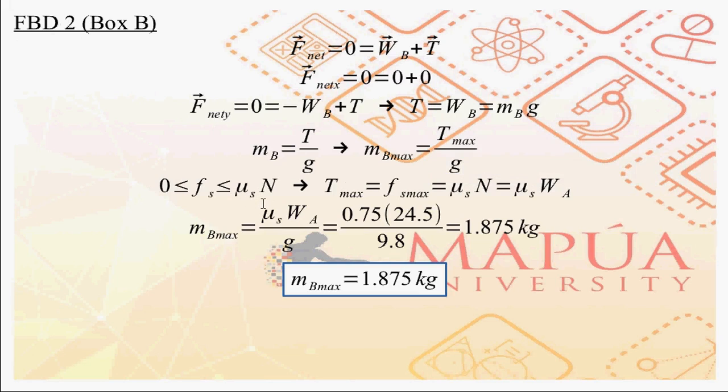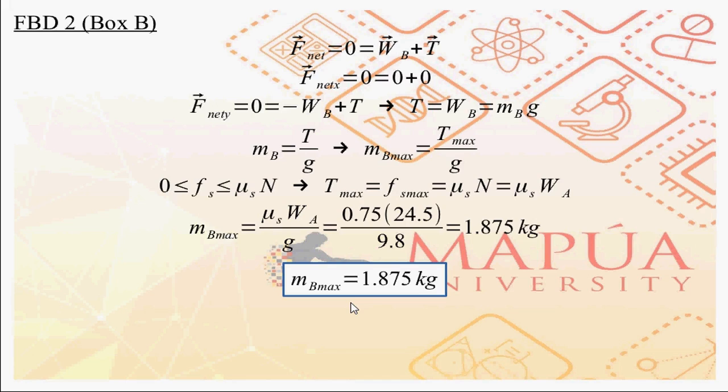So the maximum value of tension is the maximum value of static friction, mu s N, and we know N to be the weight magnitude of box A. So plugging this into the equation for mB max, you have mB max equal to mu s weight A divided by g. Plugging in the values, we are able to calculate mB max to be 1.875 kilograms.